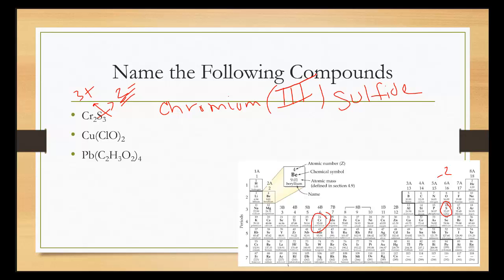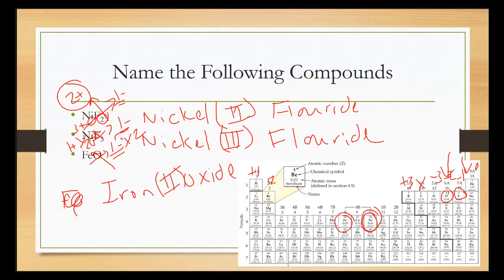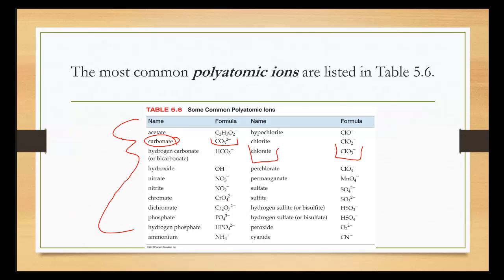So copper, looking at the periodic table, that's right here. It's a transition metal, so I know I need parentheses. ClO. So let's look at what our ClO means. ClO is right here. It's hypochlorite.